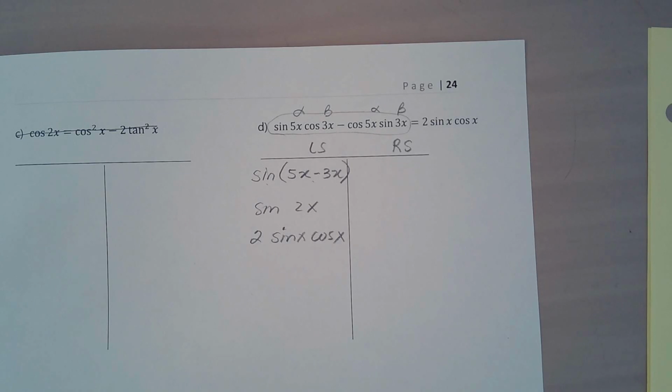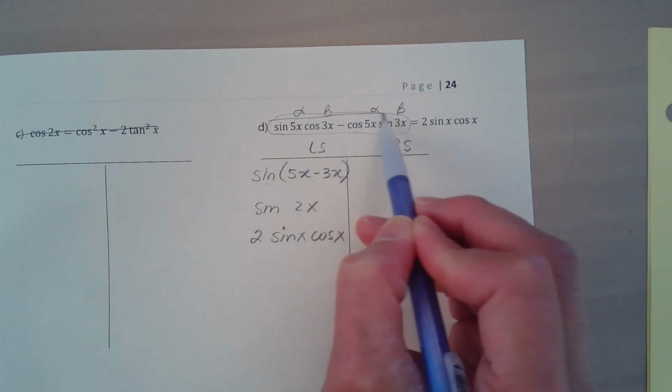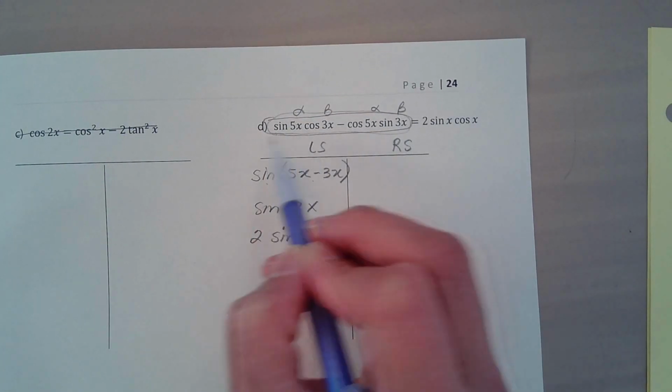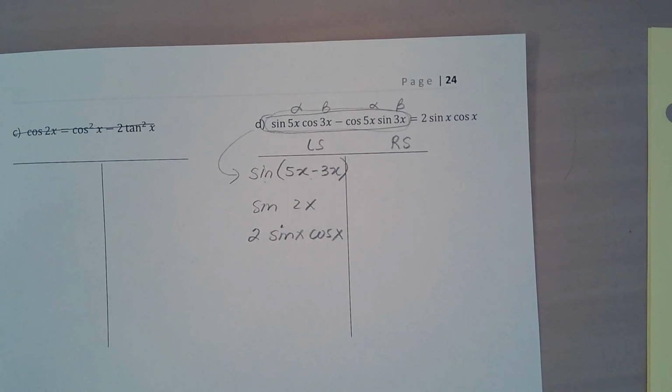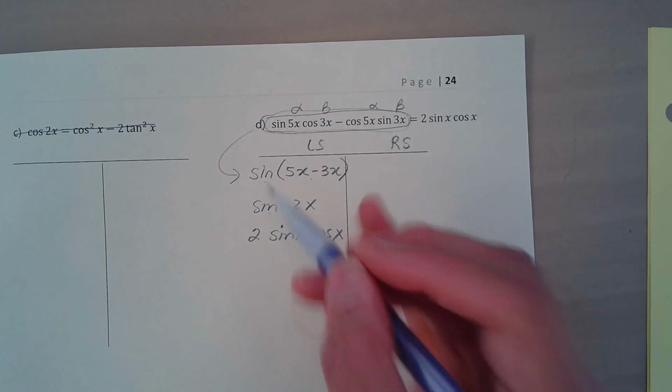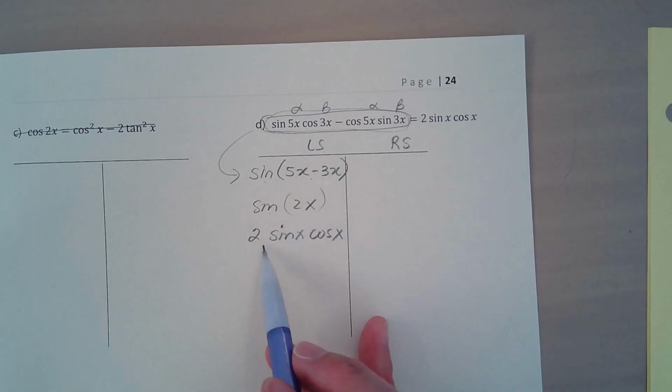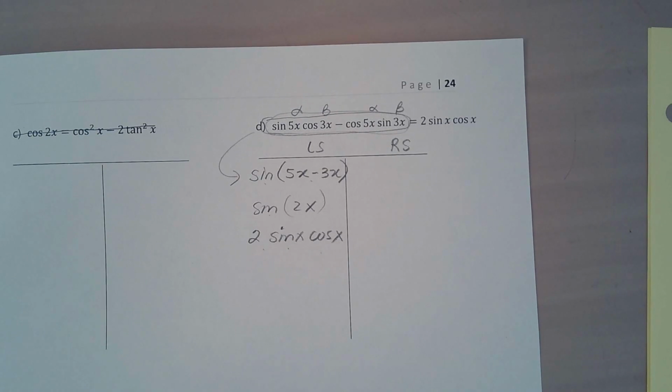So this is an identity that's an expanded version. We can rewrite that as sine of 5x minus 3x, and then sine of 2x, and sine of 2x is 2 sine of x cos of x. Yeah. That's a fun one. Okay.